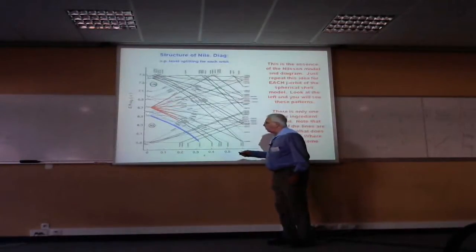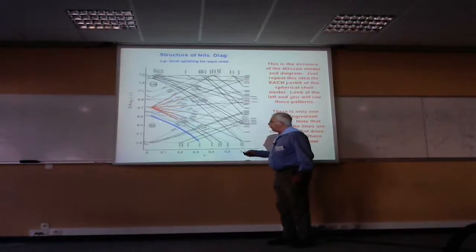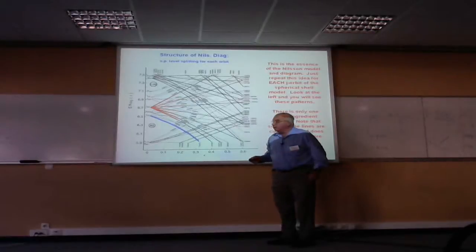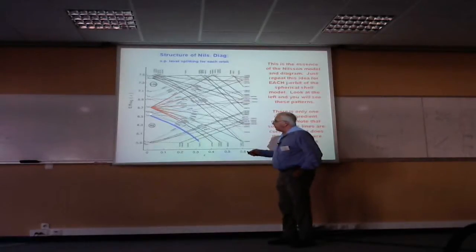For a given orbit, like f7/2, you have 4 orbits from it: k equals 1/2, 3/2, 5/2, and 7/2. From h9/2, you have k equals 1/2, 3/2, 5/2, 7/2, 9/2. So the orbits that will mix will be k equals 1/2 from this orbit and k equals 1/2 from this orbit. Yes. K equals 3/2 and 3/2. K equals 5/2 and 5/2, and so on.